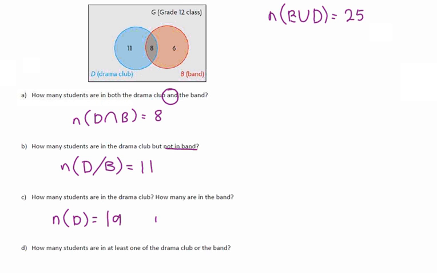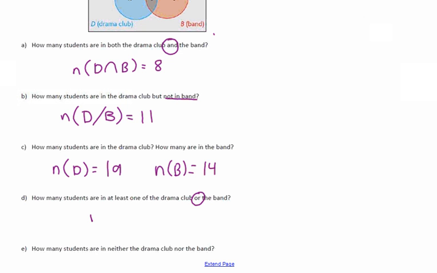How many are in band altogether? 14, 8 plus the 6, everything that's in that circle. How many students are in at least one of the drama club or the band? Did we do this already? 25. This is where or is the union. So the number of drama or band was 25.